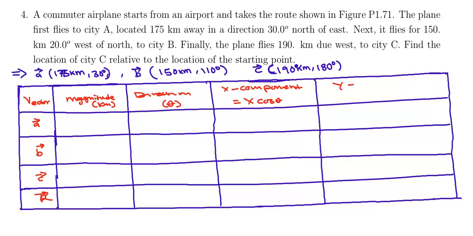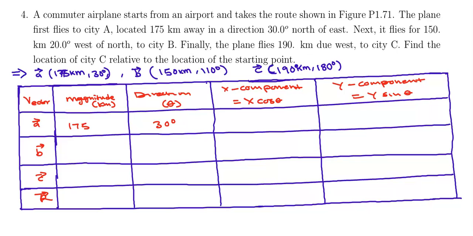Here we have the y component, which is the magnitude times sin theta. So vector A is 175 kilometers at 30 degrees.